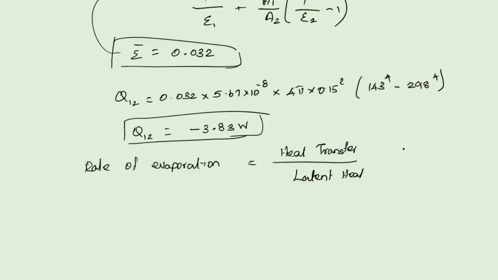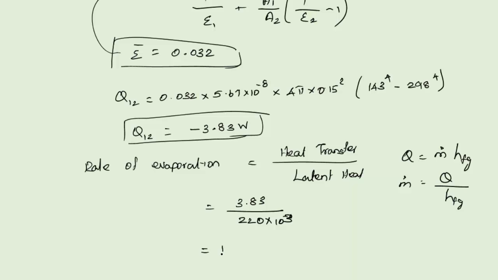It is derived from the formula Q equal to m dot into HFG. Here m dot equal to Q divided by HFG. Substitute the value: 3.83 divided by 220 into 10 to the power 3. You will get 1.74 kilojoule per second.